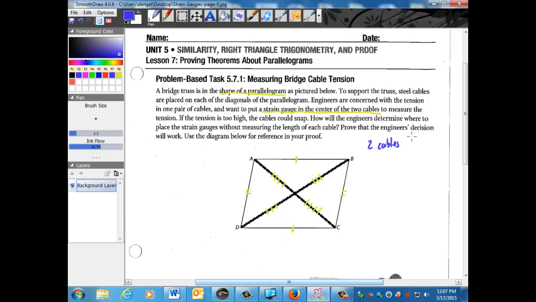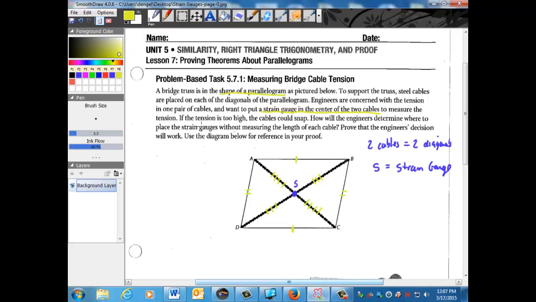So our two cables are going to equal our two diagonals. And then we have this point in the center, and let's call it point S. This is going to stand for our strain gauge. All right, then let's keep reading.